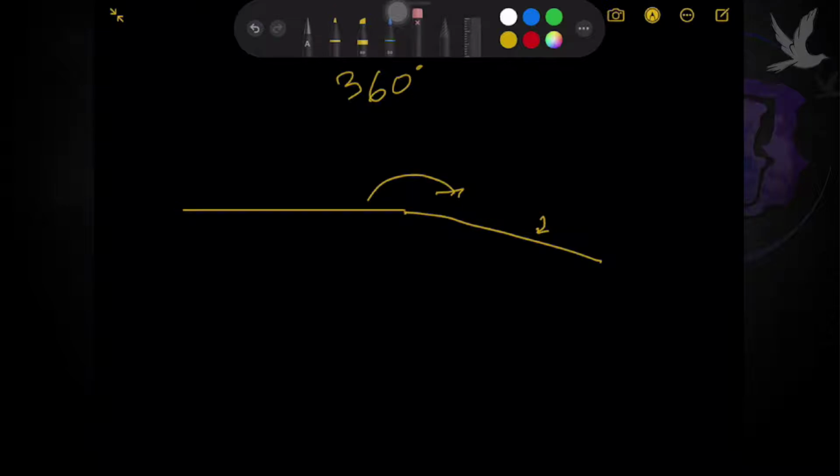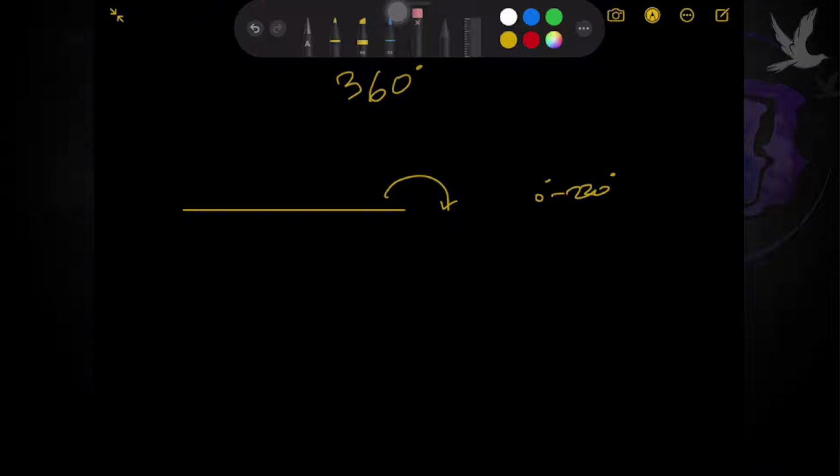So erase natin to. Going in total from this point all the way here, let's say as an estimate it's around 200 to 220. Depende na sa actual measurement.